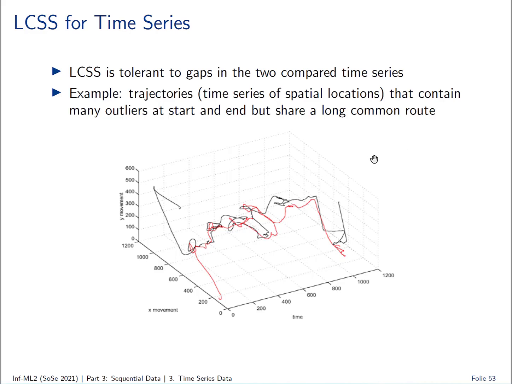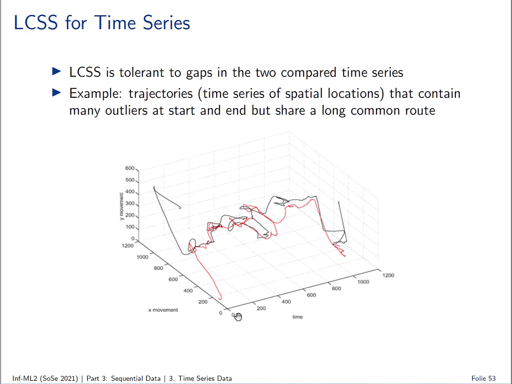Just one additional thing here, which is longest common subsequences for time series. Well, we talked about longest common subsequences for sequences, and of course you can, as a kind of variant or extension to edit distance, and since dynamic time warping is the edit distance on time series, you can also have longest common subsequences, which is also again tolerant to gaps in the 2 compared time series.